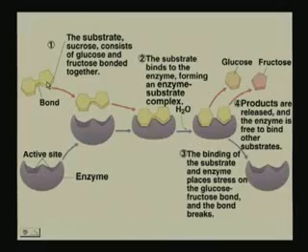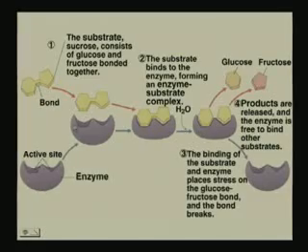So we have this particular bond that is going to be cleaved. The products are going to be glucose and fructose. Sucrose is a combination of glucose and fructose, but it's connected, so this enzyme is going to cleave that.